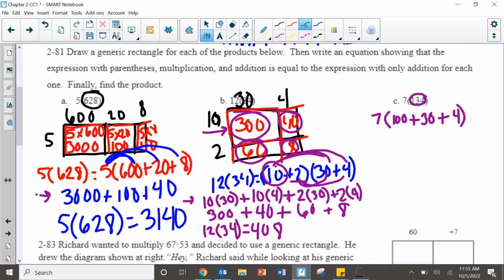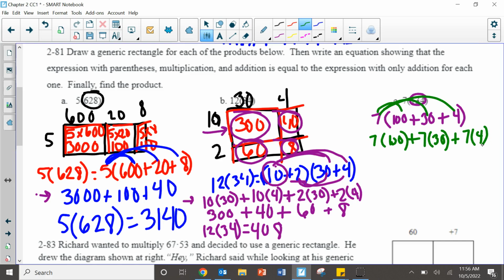Now we're going to take our 7 and distribute it to all parts on the inside of the parentheses. So 7 times 100, 7 times 30, and 7 times 4.